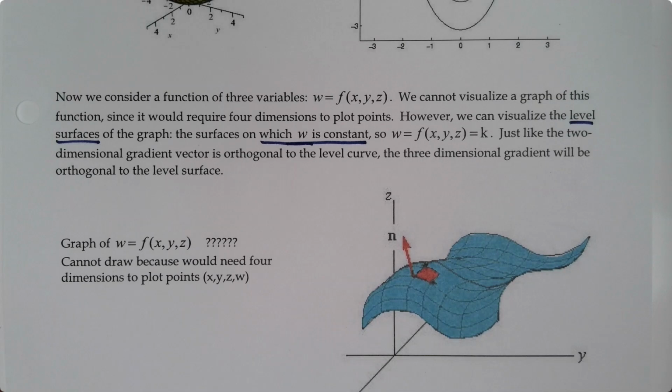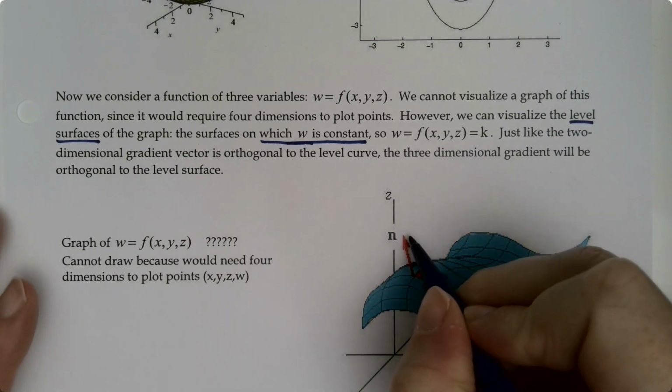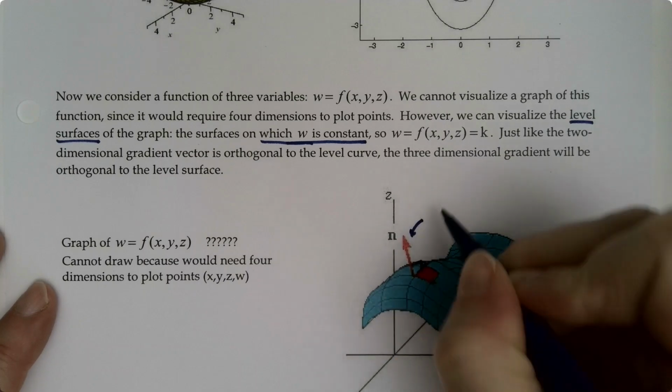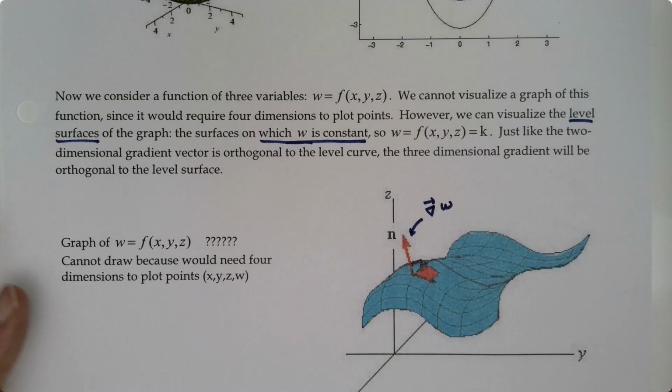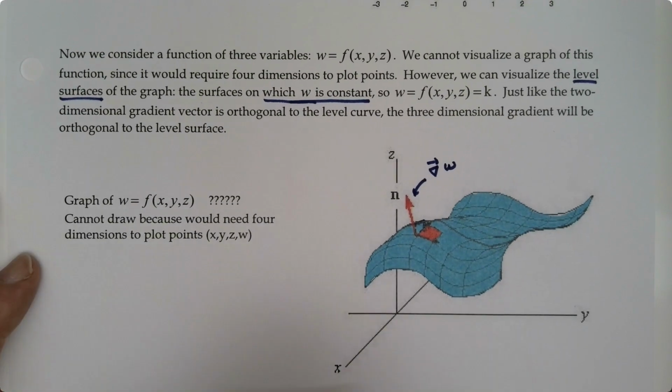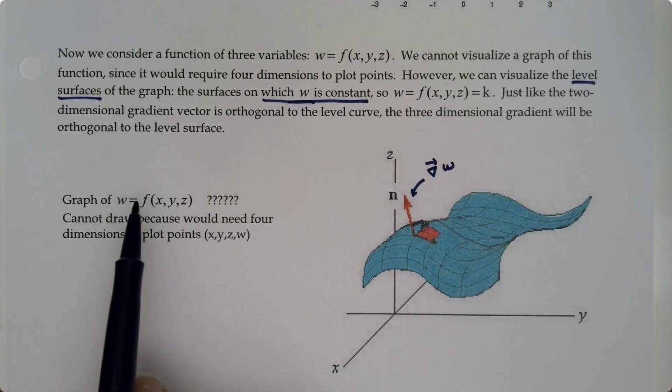So just like the 2-dimensional gradient vector, the 3-dimensional gradient vector will be orthogonal to the surface, right? It forms this 90-degree angle. So you can see right here, this is the gradient of w, and it's orthogonal to the level surface. And again, we can't draw the actual object.